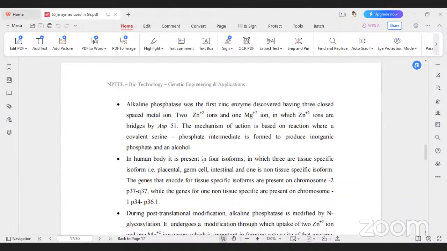CIAP is most commonly used to remove the 5' phosphate from the vector DNA to prevent self-ligation during cloning. When the vector DNA is dephosphorylated, the insert DNA should not be dephosphorylated, as the 5' phosphate is required for a successful ligation reaction. Like that, T4 PNK, the T4 polynucleotide kinase, is routinely used to transfer phosphate from nucleotide triphosphate ATP to the 5' end of the oligonucleotide to facilitate ligation.